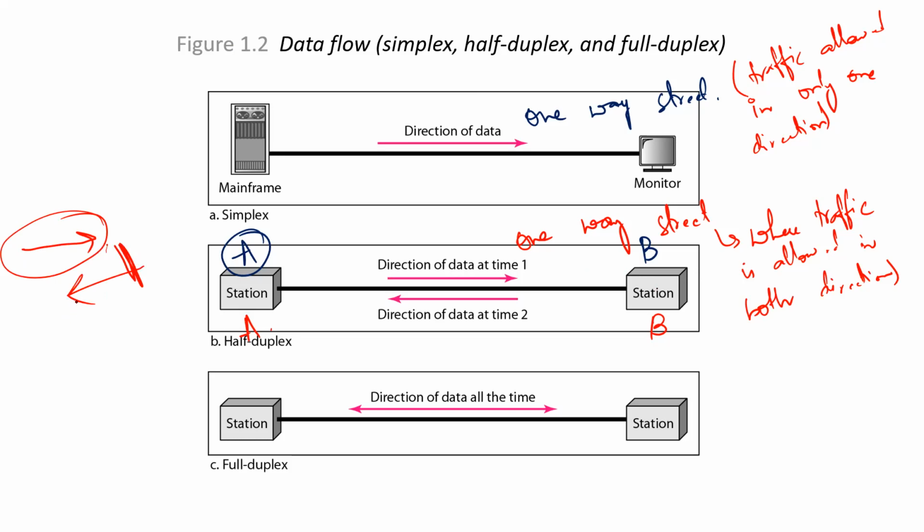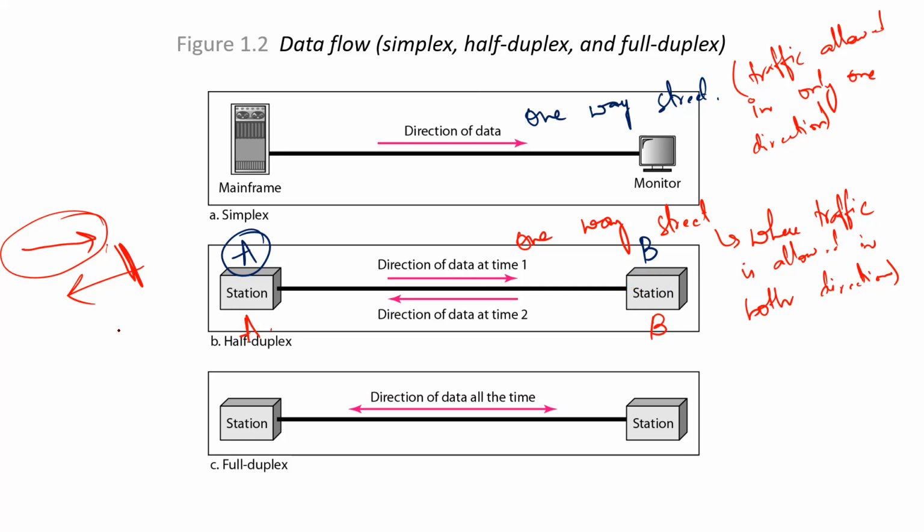So in the half duplex transmission, the entire capacity of this channel is taken over by whichever station is transmitting. If station A is transmitting, the entire transmission medium will be taken by station A. It will transmit its entire data on this channel. Station B will just have to receive. And the other way, the same thing will happen, vice versa.